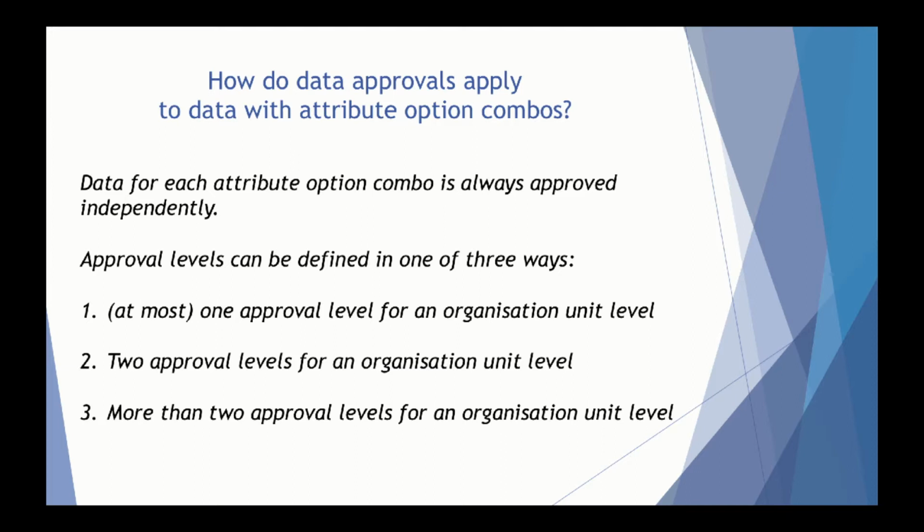You can have, at most, one approval level for each organization unit level. That's what we've seen on earlier slides. An org unit level either has an approval level or it doesn't. However, you can also define, in the way I will show you soon, 2 approval levels for the same organization unit level. And you can even define more than 2 approval levels for the same organization unit level. I will show you why in the next few slides, and how you can do this.